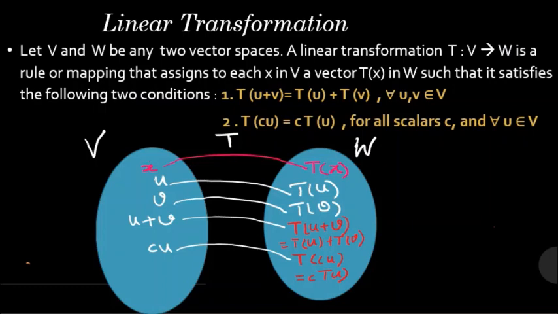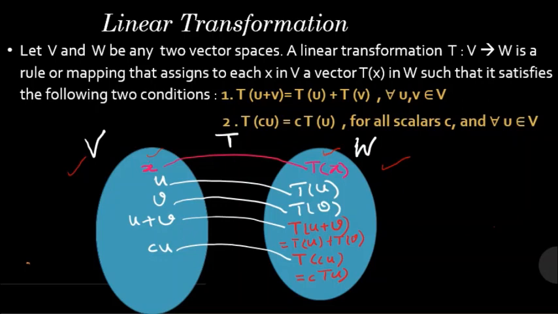Let V and W be any two vector spaces as shown here in the diagram. Then a linear transformation T from V to W is a rule or mapping which assigns to each x in V, here x is in the domain V, a vector T of x in W, such that it satisfies the following two conditions.